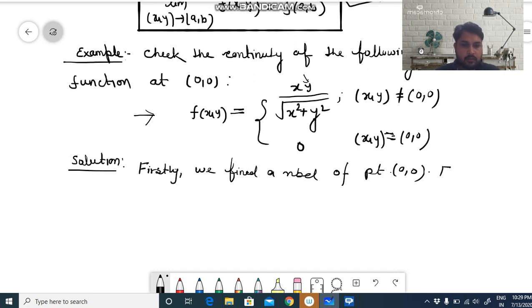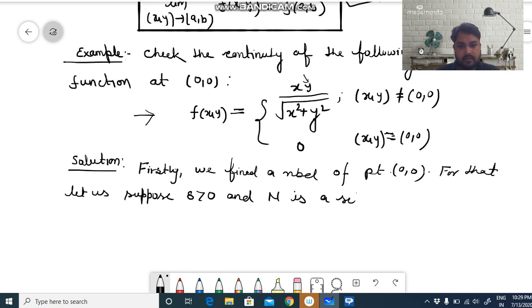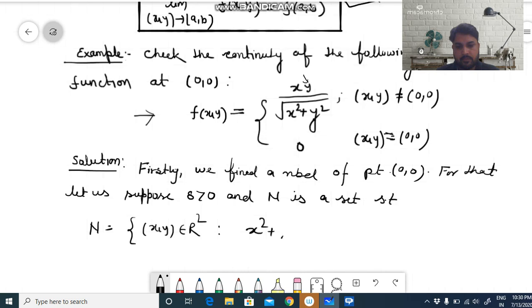For that let us suppose delta is greater than 0 and capital N is a set such that it contains all those values of R square which satisfy this condition, that is x square plus y square is less than delta square.